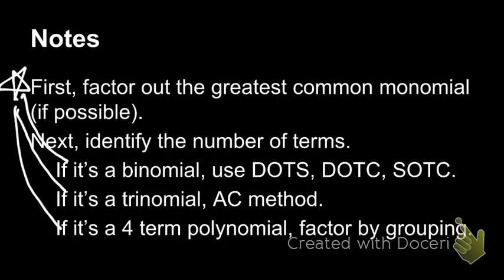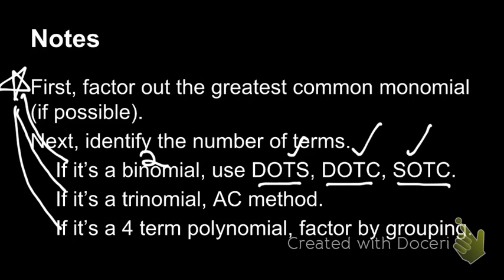If it's a binomial, meaning two terms, you're going to use one of three formulas, and we'll learn what that means. DOTS stands for difference of two squares, then there's the difference of two cubes, and the sum of two cubes. So if you can identify the polynomial as a binomial that falls into one of those categories, then you're literally just plugging into a formula.